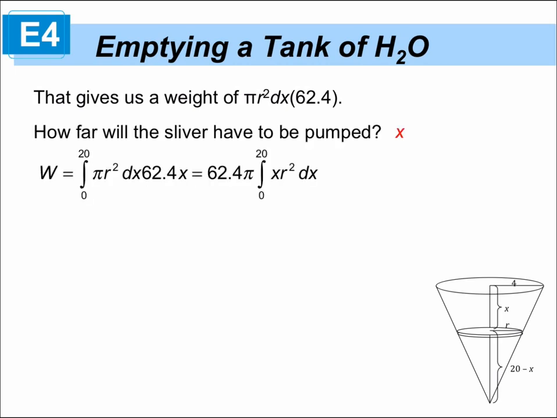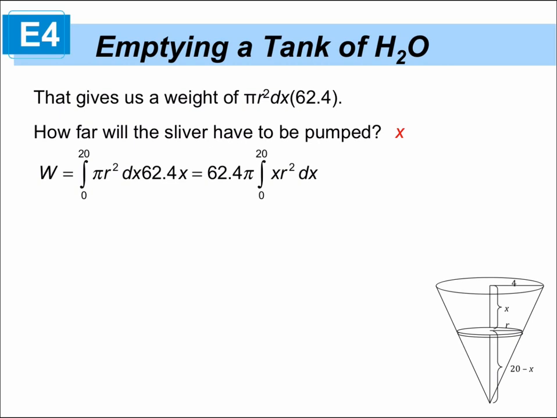So pi r squared dx 62.4 is the weight of that sliver of water. We're moving that sliver of water x units to get it out over the top of the tank. So that's our weight, that's our work to move that sliver.